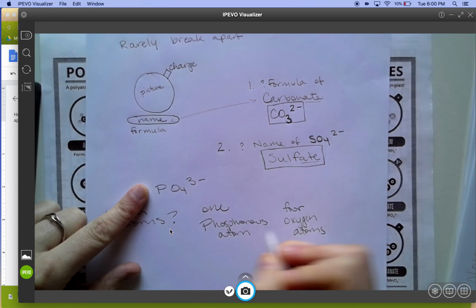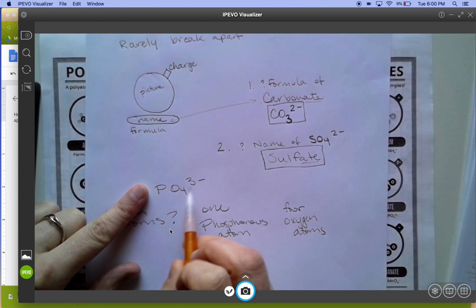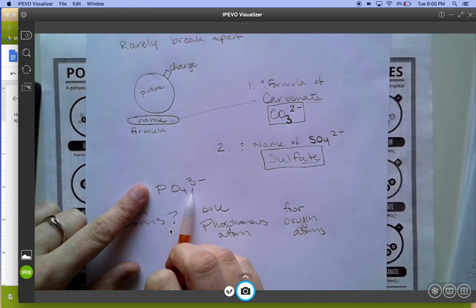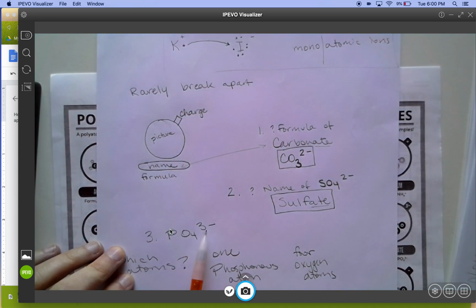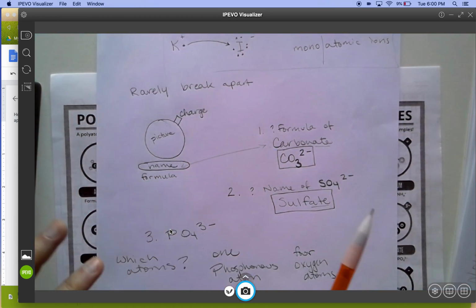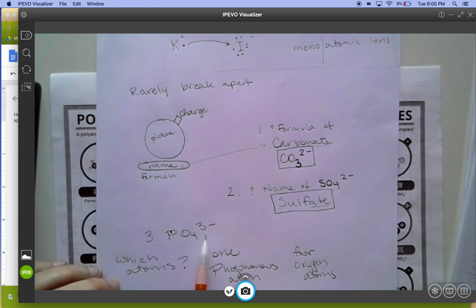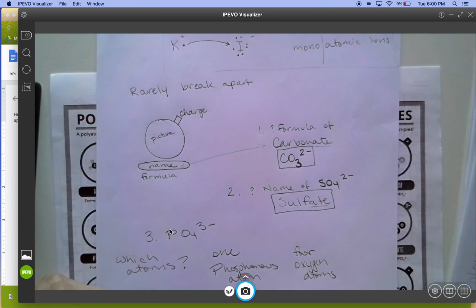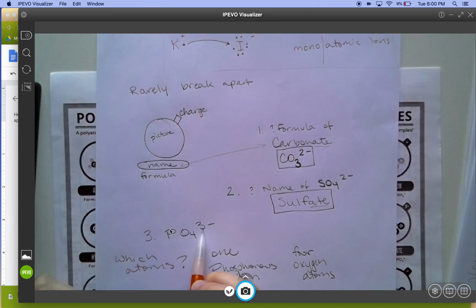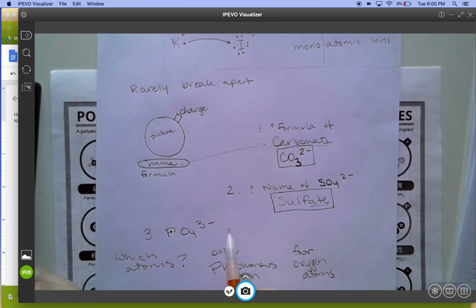And that 3 negative is the charge. That 3 negative has nothing to do with how many atoms are involved. That's the charge. That's how many extra electrons are stuck to it. Apparently 1 phosphorus and 4 oxygens can hold 3 extra electrons, making it an ion.